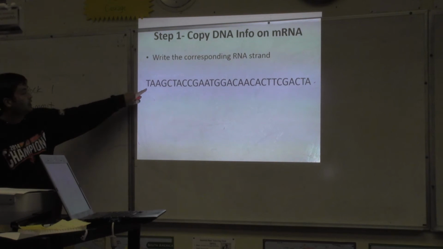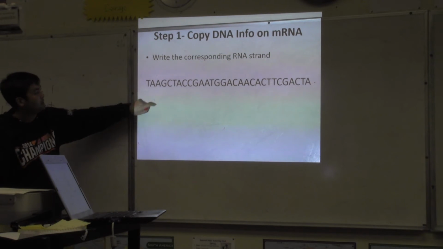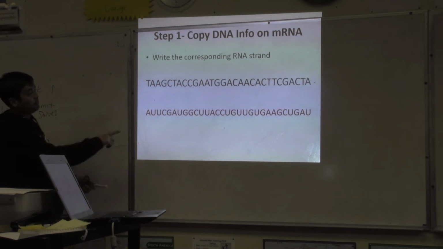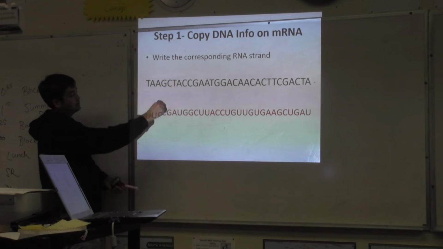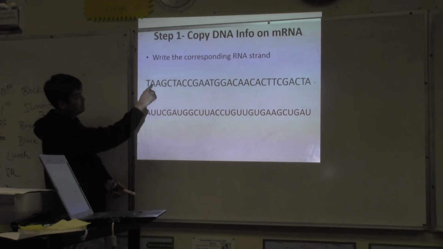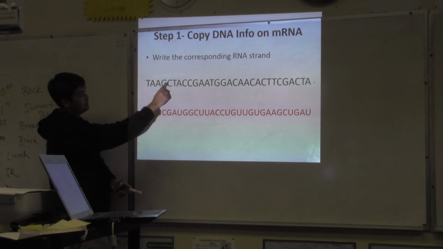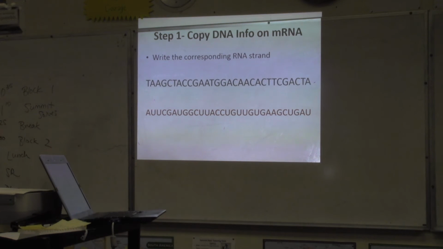So if this is our DNA, we know that T matches up with A, A matches up with U, A matches up with U, and we're going to end up with the RNA that complements the DNA. Notice AT, AU, AU, GC, CG, TA. Very similar to matching up DNA when we do DNA replication.